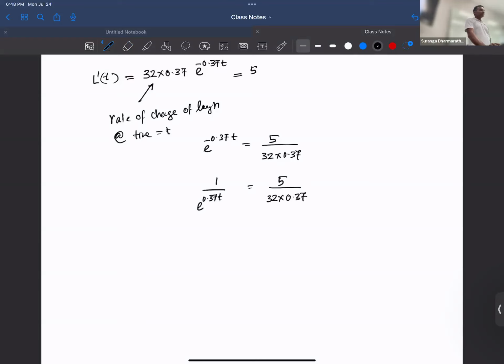And then e to the power 0.37t, I can cross multiply, is equal to 32 times 0.37 divided by 5.